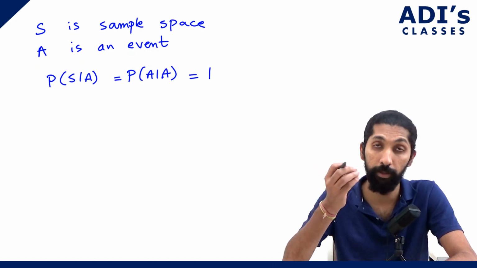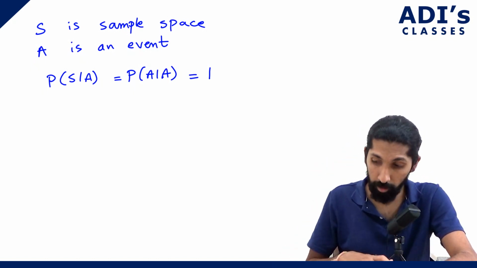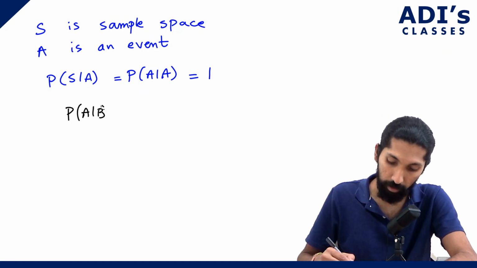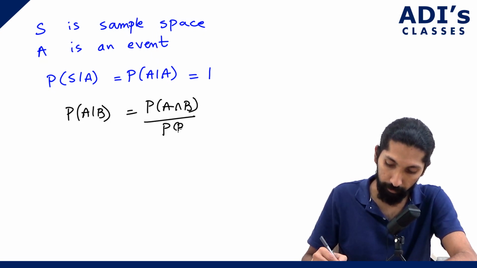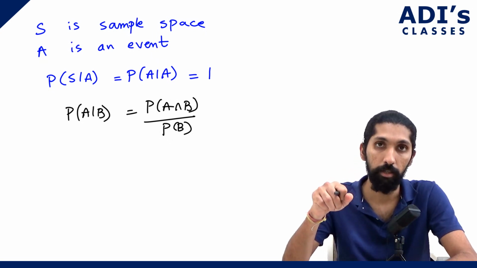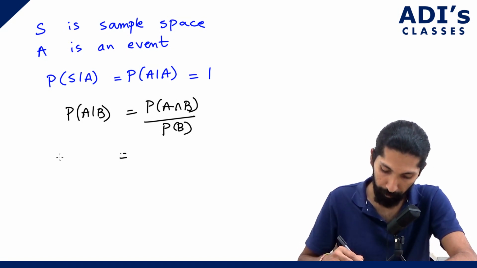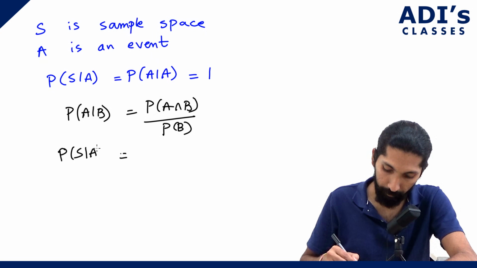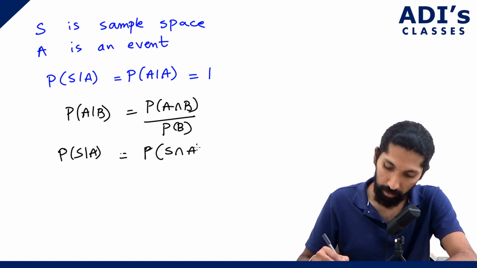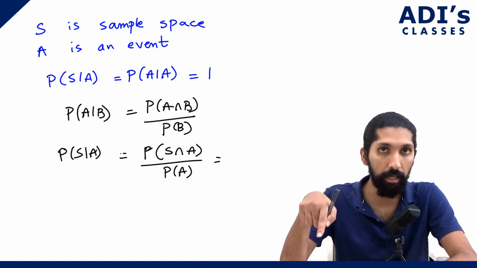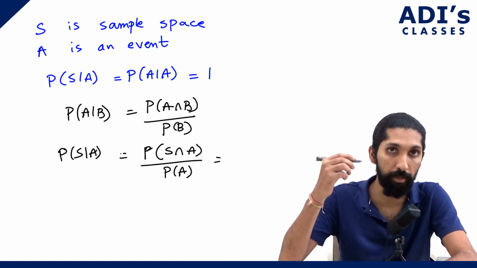Very simple proof. What is the definition of conditional probability? If you have P of A given B, then it is P of A intersection B divided by P of B. So P of S given A is P of S intersection A divided by P of A. S intersection A is nothing but A itself, since S is the sample space.